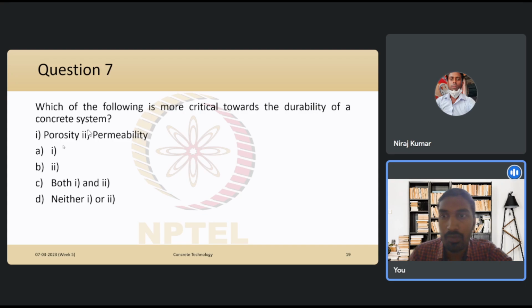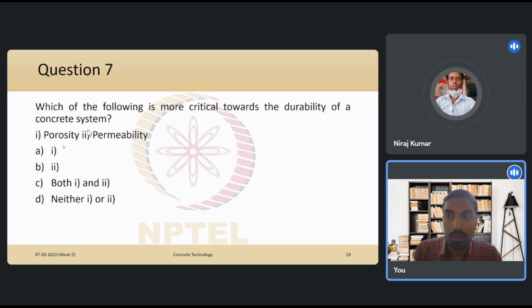If you have all these pores connected together, then you will have a higher permeability. So it is about how quickly or how easily a fluid can flow through the pores in your system. That is what will determine the permeability of the system, right?